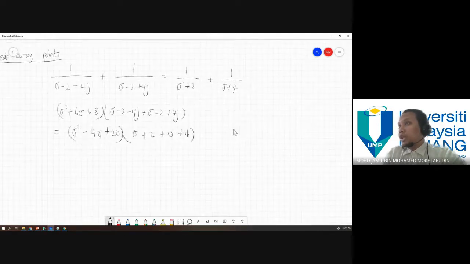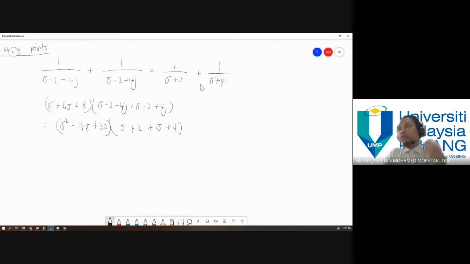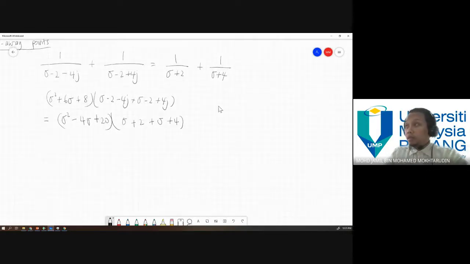You can calculate it slowly or you can use a calculator. So here we get 2 sigma minus 4, 2 sigma plus 6.